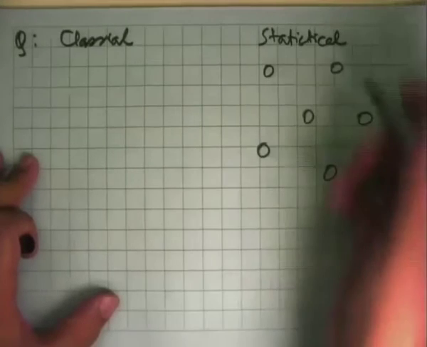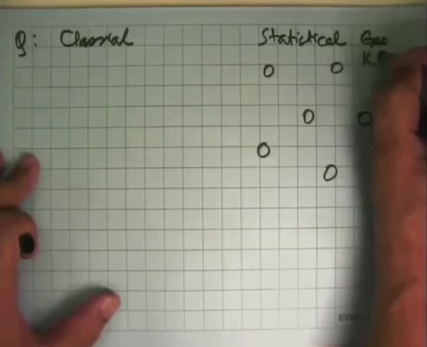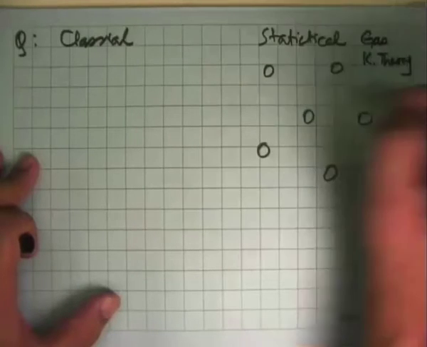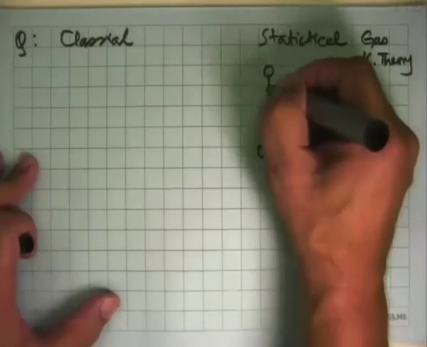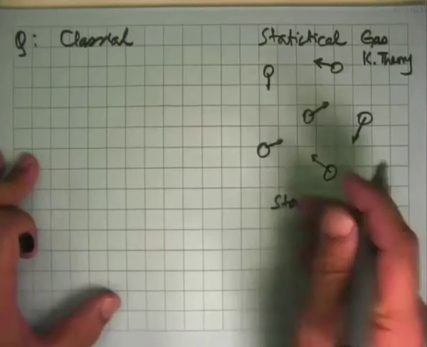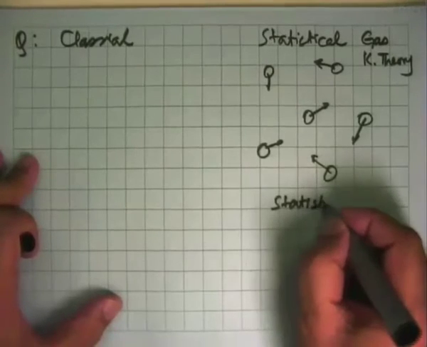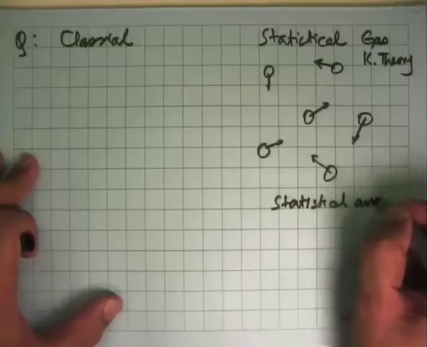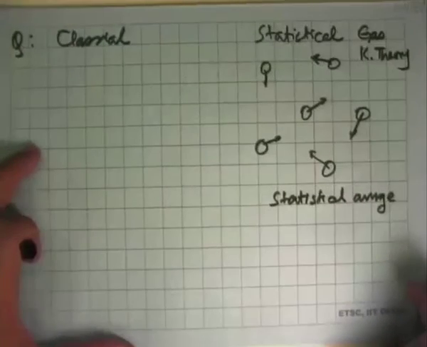Most notably, if it is in the gas phase, then we apply the kinetic theory of gases. We assign some properties to every molecule, and then we look at the statistical average, because there are too many of these molecules to talk about each and every one of them. So we look at the statistical average and start developing theory from that point.